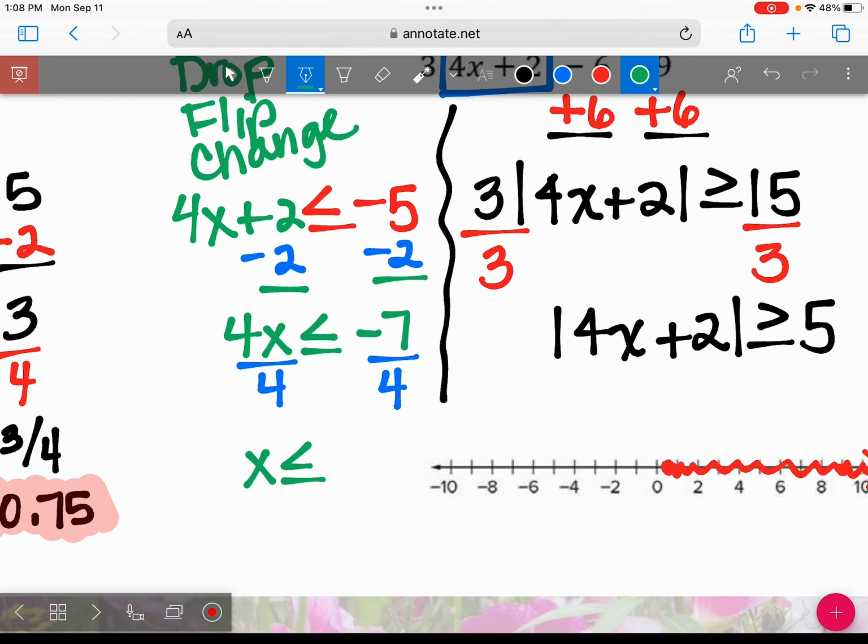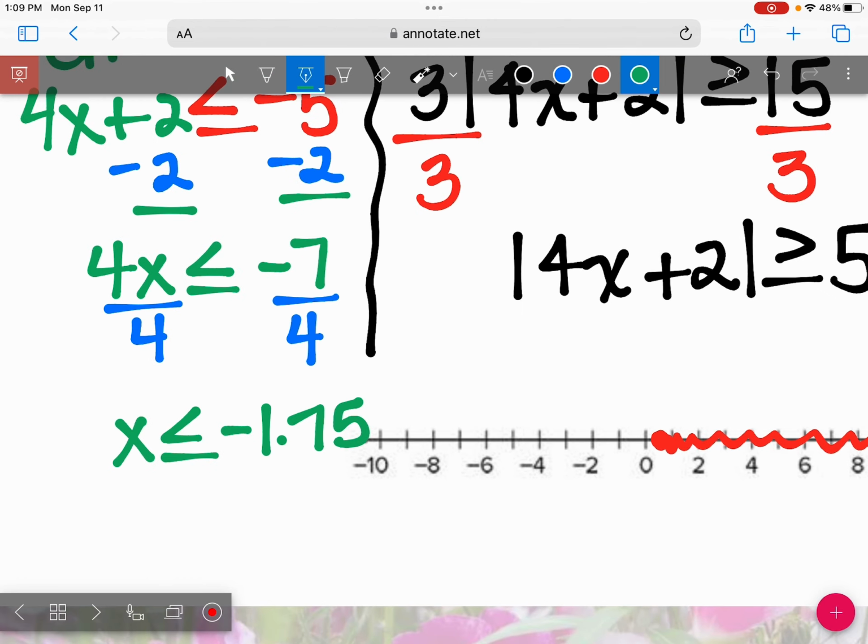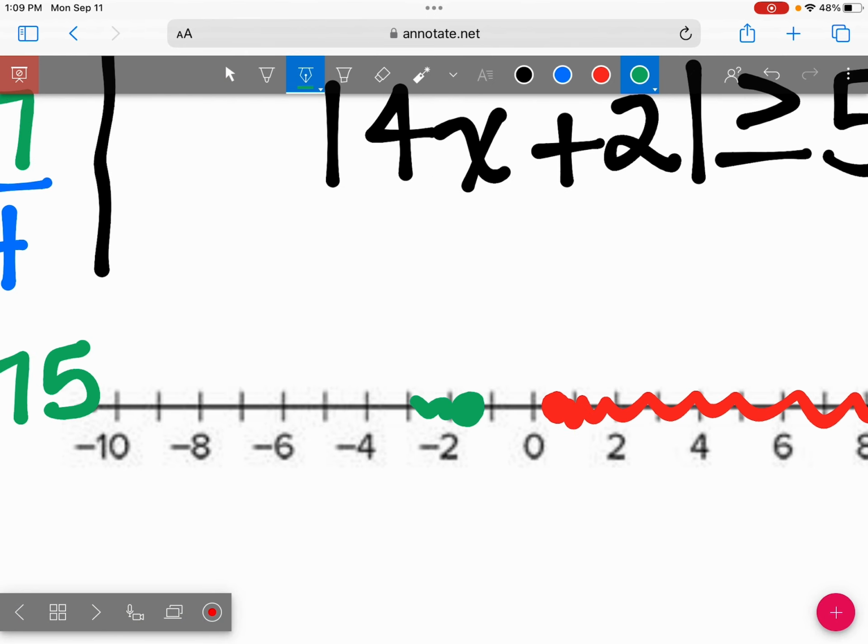What is -7 divided by 4? What'd you get? -1.75. So we're going to put a closed circle between -1 and -2. So that's going to be about here. And this one goes to the right, to the left, sorry.